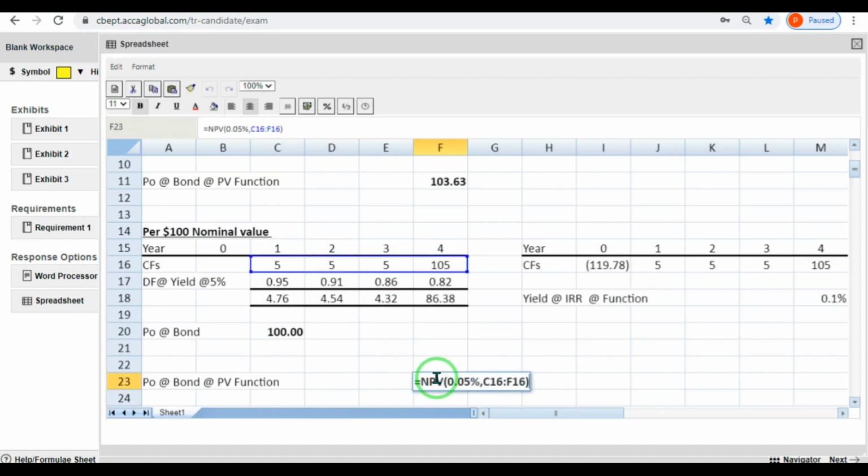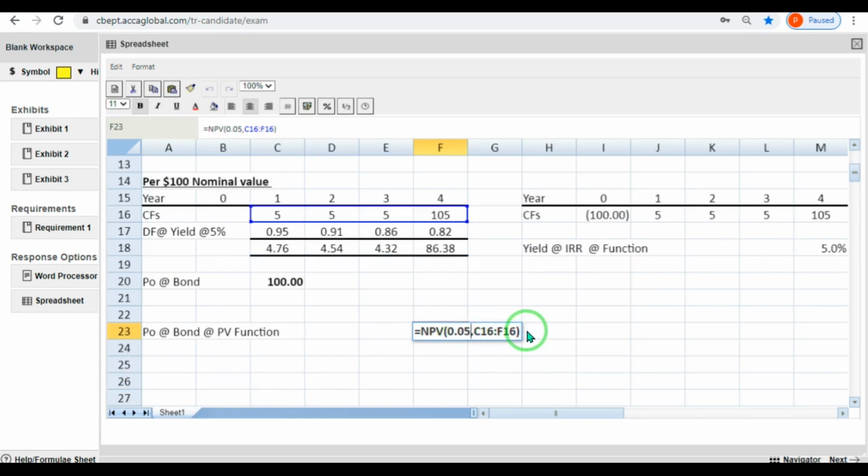Something is wrong here. If it's 0.05, you don't put the percent sign. If it's 5%, you put 5%.